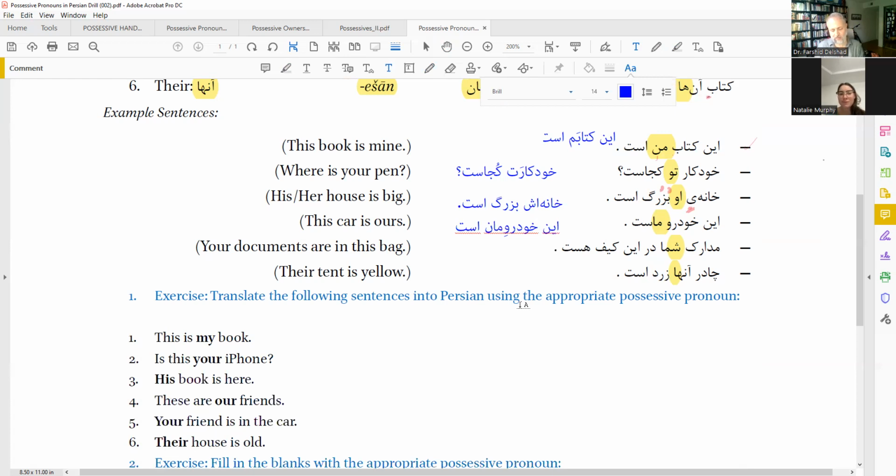And again, you see this word خودرو, as you had it also in the word خودکار, which literally meant a self-writer, something that writes by itself. They are neologisms, because خود means self, and رو means go, so it goes by itself.